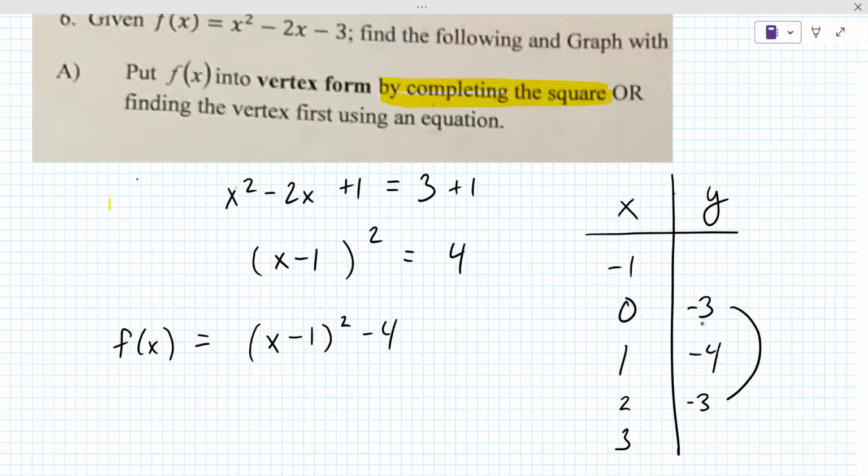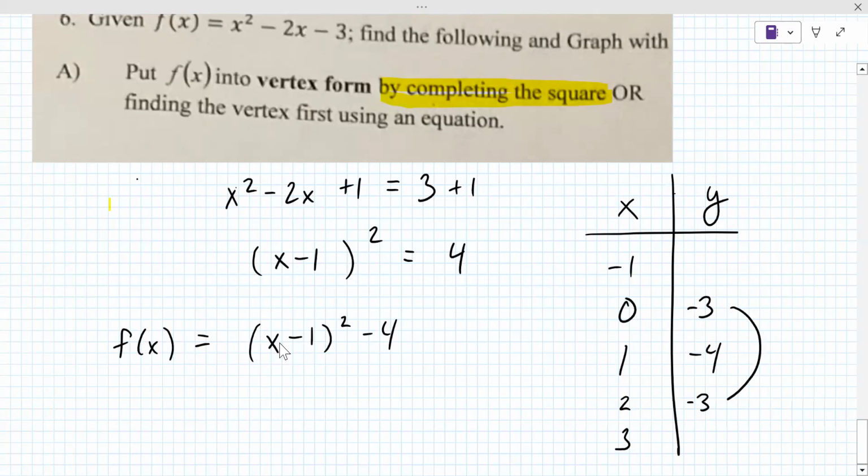So now you can either put in -1 or 3 into the original. -1 or 3, your choice. And you can go into the original or the vertex form down here, whichever one you like. They both work. They both give the same result.